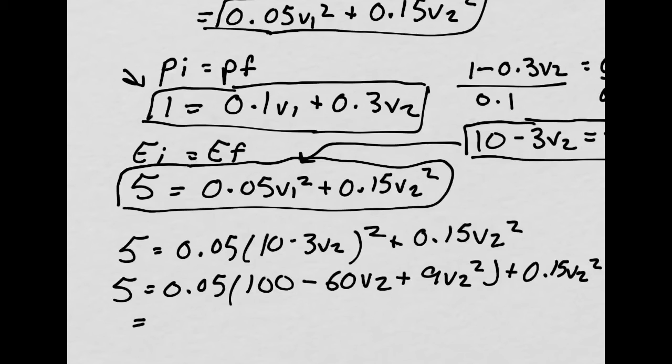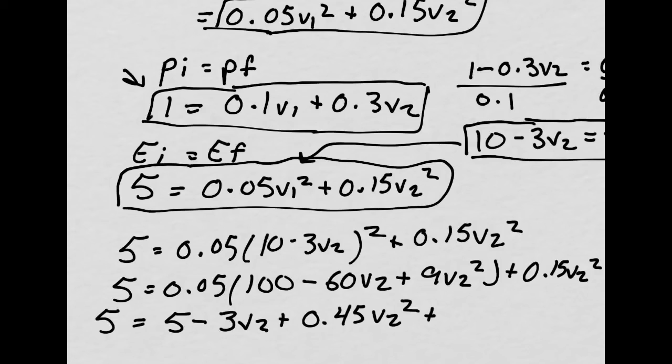So this is 5 equals 5 minus 3 V2 plus 0.45 V2 squared plus 0.15 V2 squared.